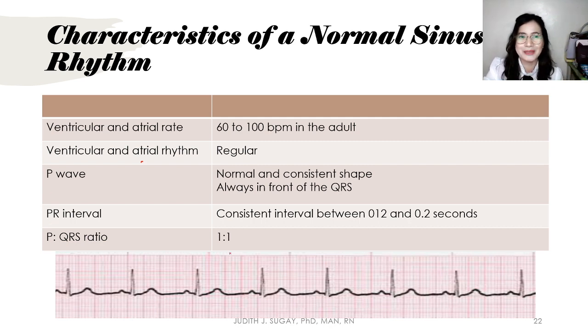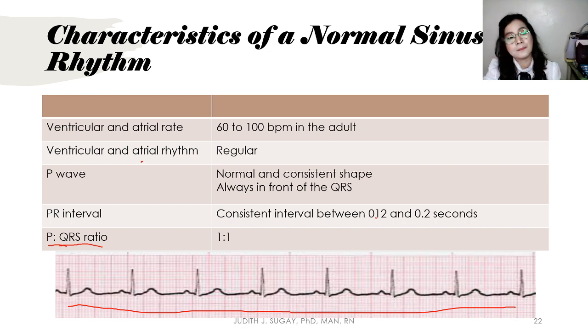I hope you remember. PR is consistently between 0.12 and 0.2 seconds, and the ratio between P and QRS is 1:1. That is the normal sinus rhythm, and it will show like this in the ECG strip.